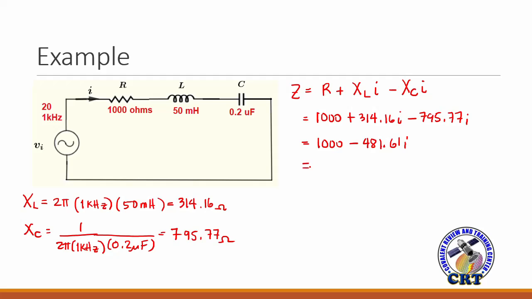Let us convert that to polar form using the polar function in our calculator, then input 1000 and negative 481.61. This will give us 1109.93 angle of negative 25.72 degrees.